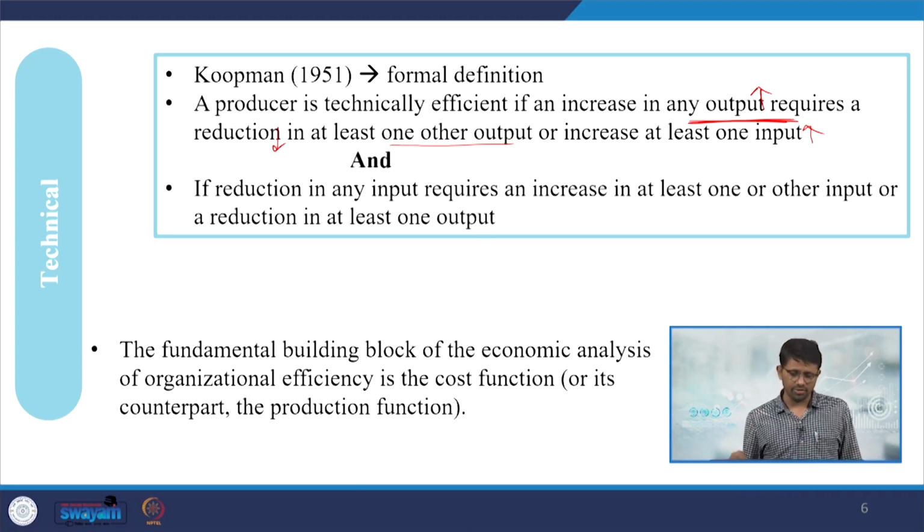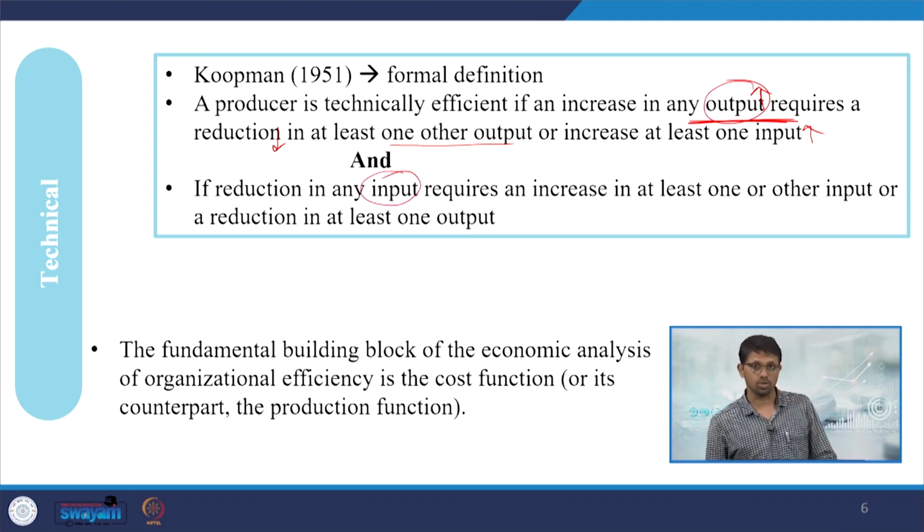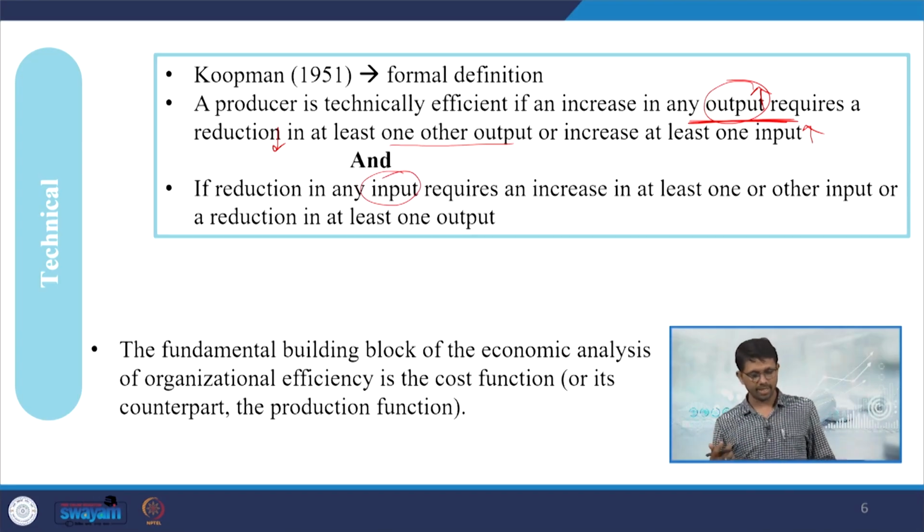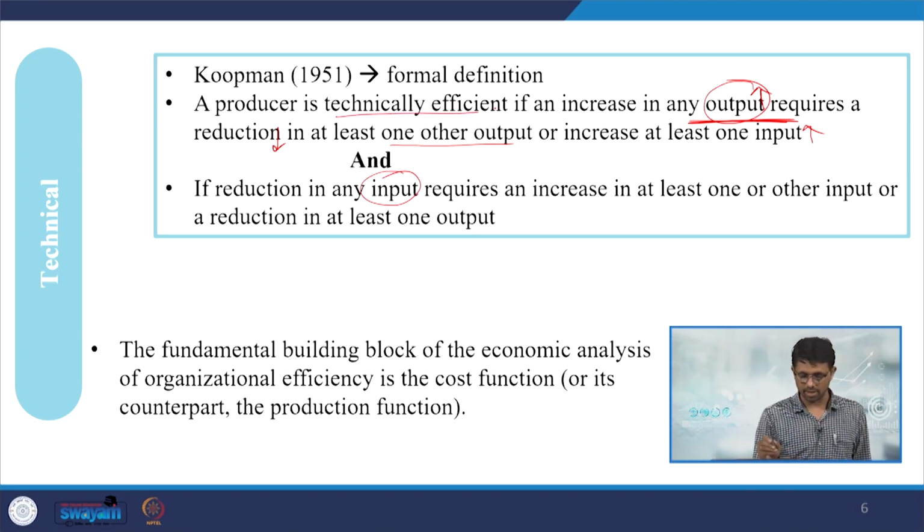And if a reduction in an input is required, this is the definition in terms of output. If our target is through input minimization or cost minimization, a producer is technically efficient if a reduction in any input requires an increase in at least one other input, or a reduction in at least one output.